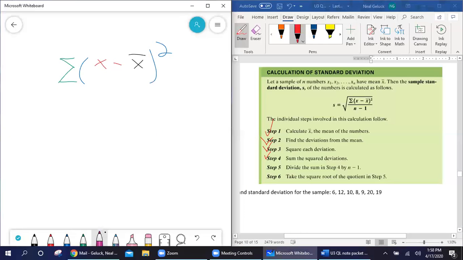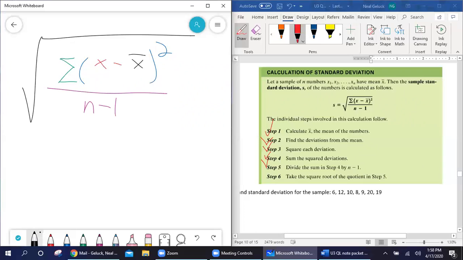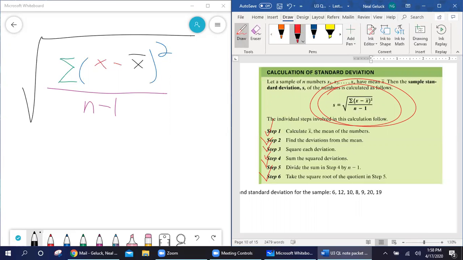We then found the average by dividing that number by 1 less than how many data values I had. That was step 5. And lastly, we squared stuff, so we have to undo squaring by taking the square root. That was step 6. So the big scary formula here really is all of that in pieces.